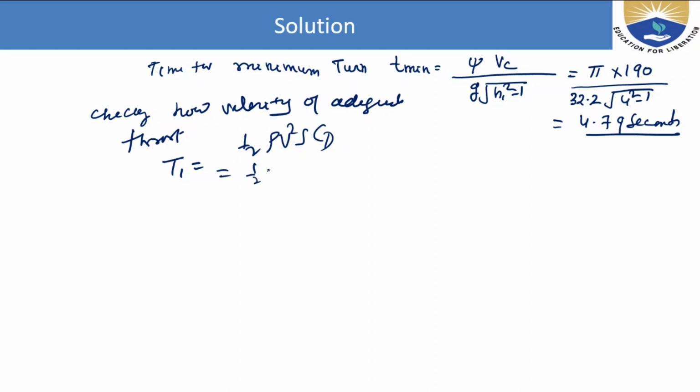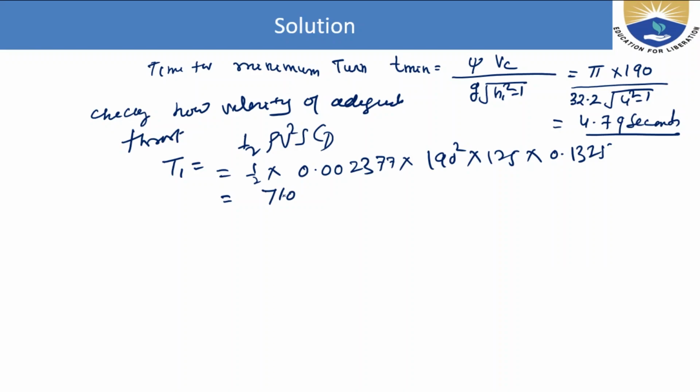So half 0.002377 into 190 square into 125 into 0.1325. Thrust we will get 710 pound.